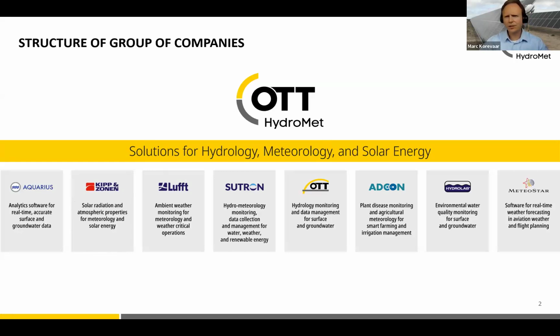And we have also got sister companies such as Luft, which make the weather stations and other meteorologically related sensors. And we also have Meteostar, which is making software for weather forecasting. And yeah, I work for Kipp and Zonen in the Netherlands.